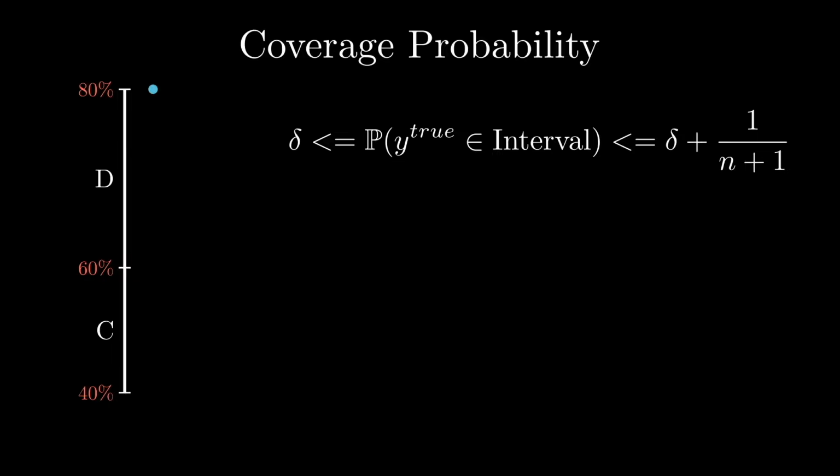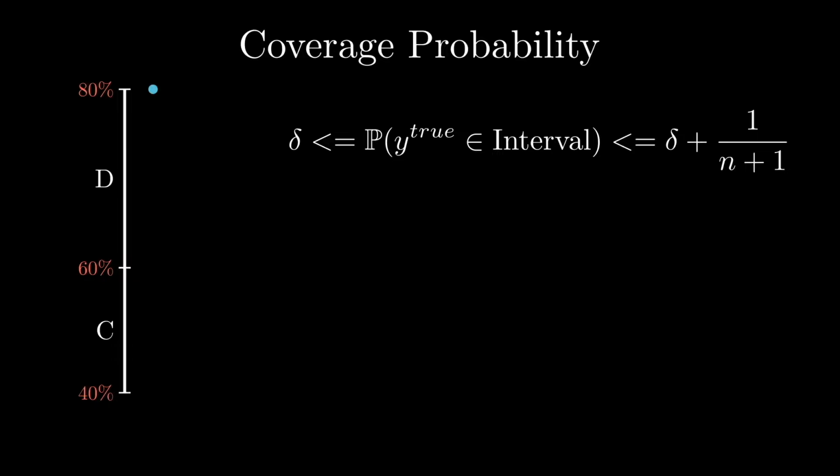Including an entire subinterval, which again is something we need to do when the requested delta is just above an intrinsic confidence level, will increase the coverage probability by 1 over n plus 1. So the requested delta plus 1 over n plus 1 is an upper bound. This is the common upper probability bound that you can find in the literature.